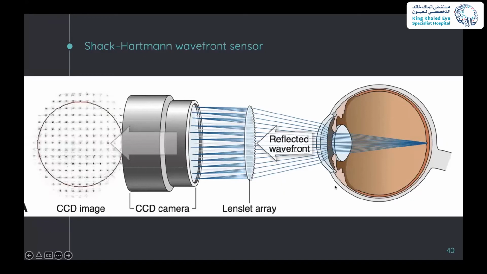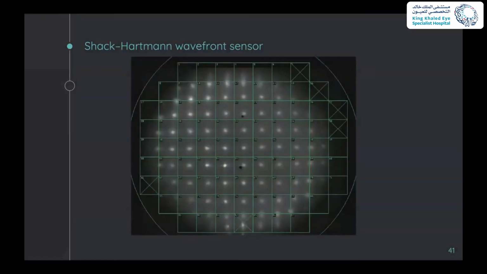What we mean by this is that it will give you the aberrations of the cornea, the lens, until it reaches the retina and is then reflected. This reflection of the wavefront will be recorded by a camera, then an image is generated. This is exactly how it is generated at this area.